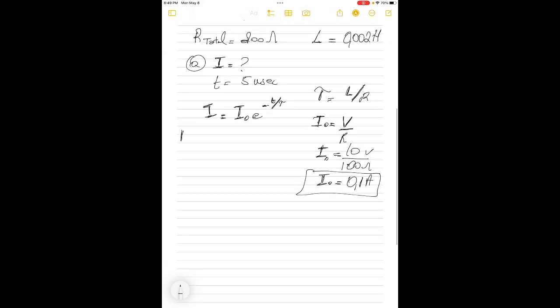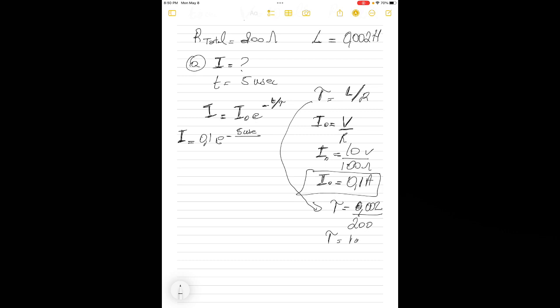So here, current is equal to 0.1 multiplied by the exponential of minus 5 microseconds divided by tau. So tau is going to be equal to henry, that's 0.002, divided by the total resistance, 200.